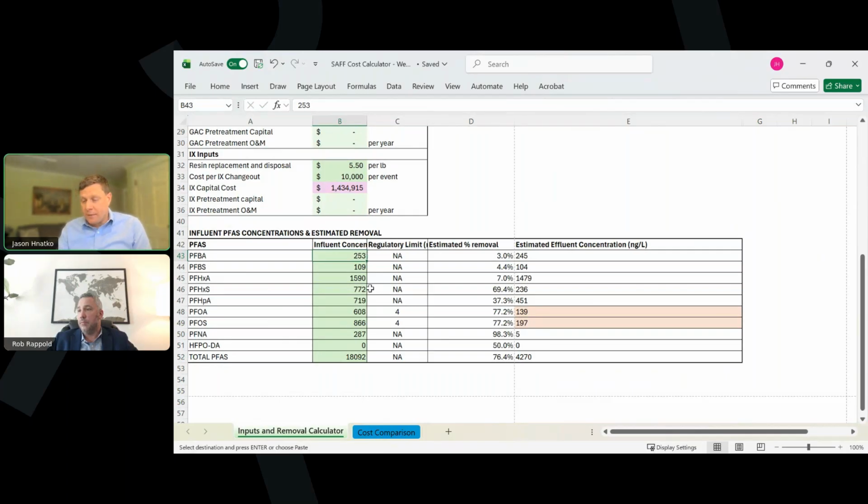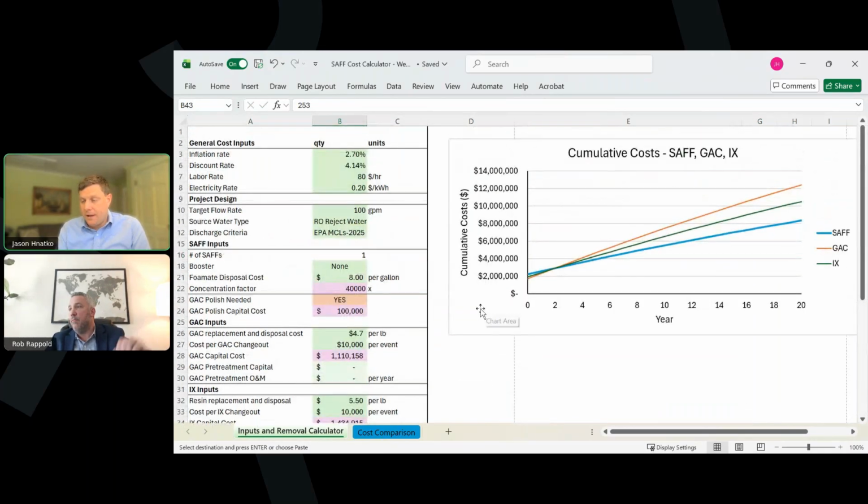So I'm going to start sounding like a broken record here, but if you don't use any booster, you may need a carbon polish to hit those 4 nanogram per liter discharge limits. But you can see even with that carbon polish, the SAFF line crosses at about 3 years. All the lines kind of meet at about 3 years, and then going forward, your foam fractionation costs are lower.